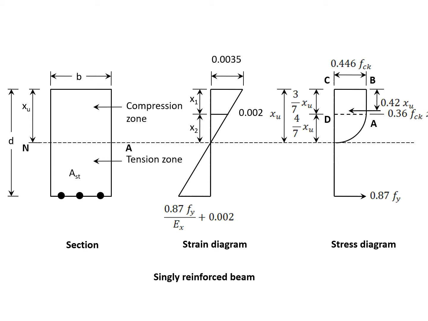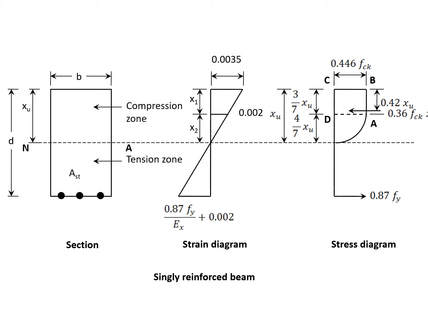Now this diagram will be a vertical line till 3/7 of XU, and for the remaining it will be a parabola, and the corresponding strains at that time will be 0.0035 and 0.002. Now if you work out the area of this diagram, it will come to 0.36 FCK, and its location will be at 0.42 XU.